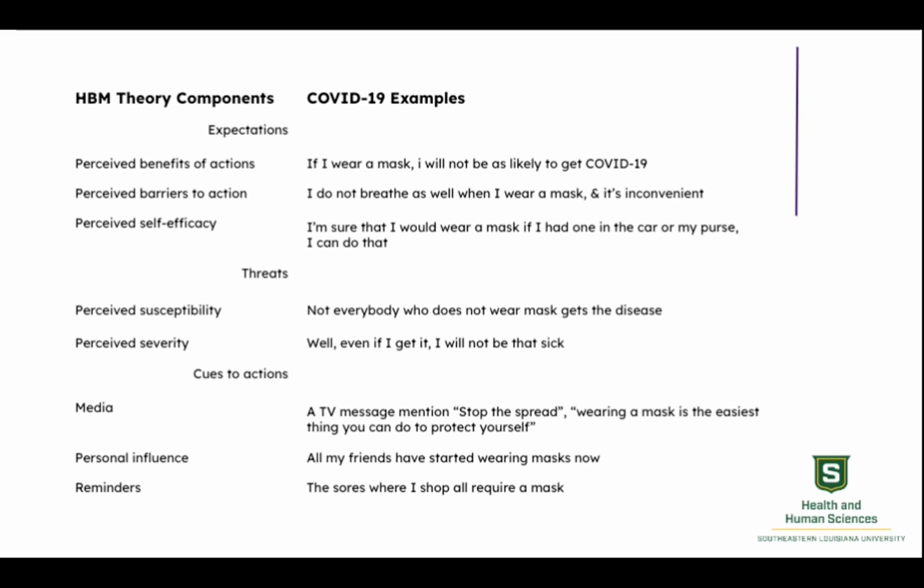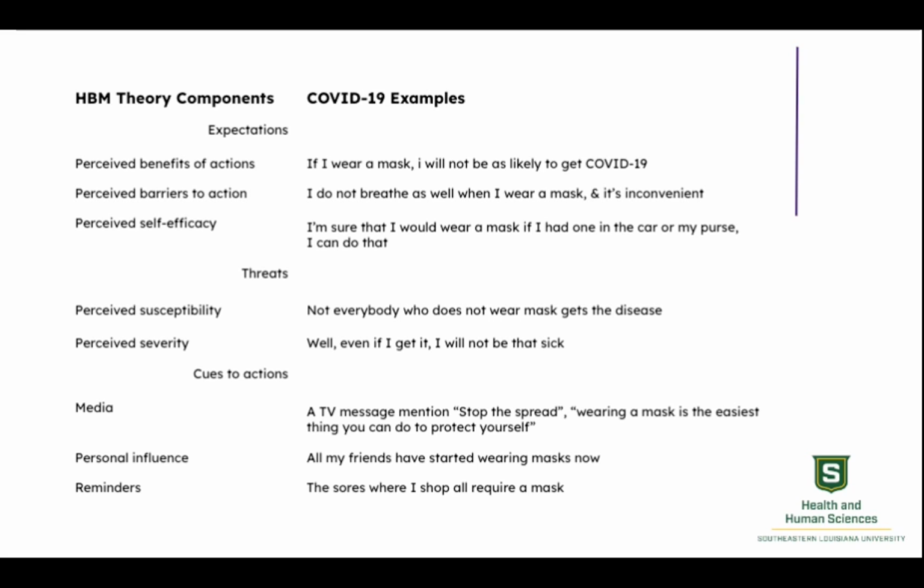that they are able to do this desired behavior, that they are able to make decisions in terms of, I can do this, or this is one of the things I can do. You have an example that says, I'm sure I would wear a mask if I had one in my car or in my purse. I can do that.